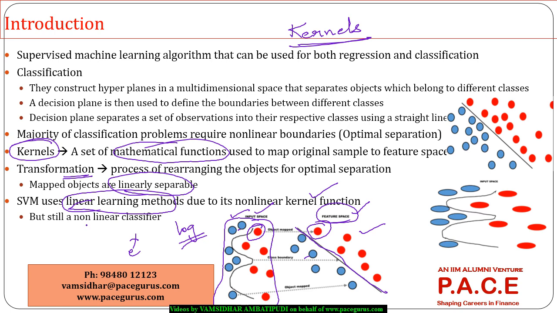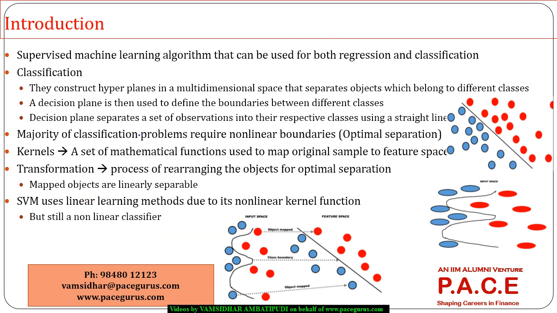So that's the reason, though it is using a linear learning method, we still call it a non-linear classifier, because internally the kernel functions have transformed the non-linear relation existing between the variables into a linear kind of relation, right? So if you see here, each object in the input space is mapped into the feature space. Then the class boundaries are also defined accordingly.